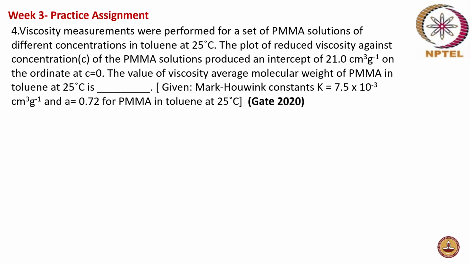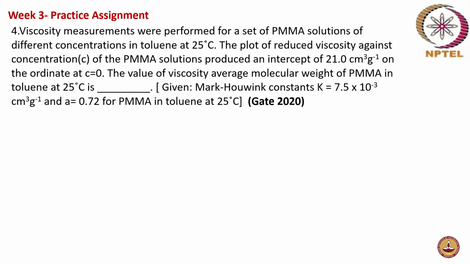Viscosity measurements were performed for a set of PMMA solutions of different concentration in toluene at 25 degrees. The plot of reduced viscosity against concentration of the PMMA solutions produced an intercept of 21 cm³ per gram on the ordinate at C equal to 0. The value of viscosity average molecular weight of PMMA in toluene at 25 degrees is?